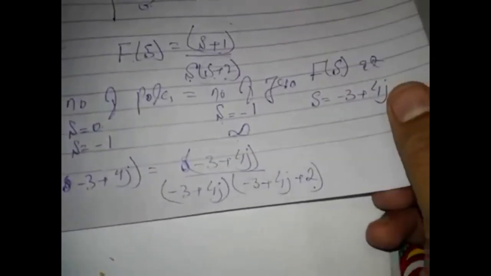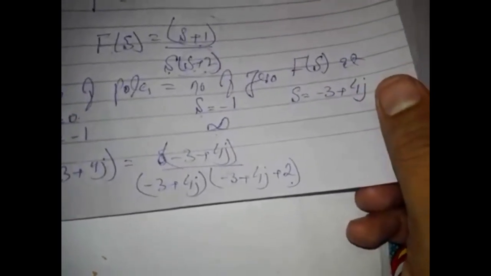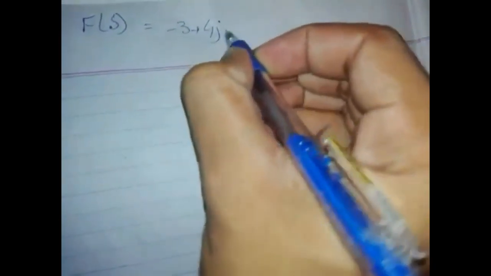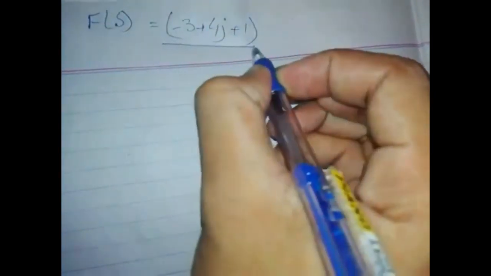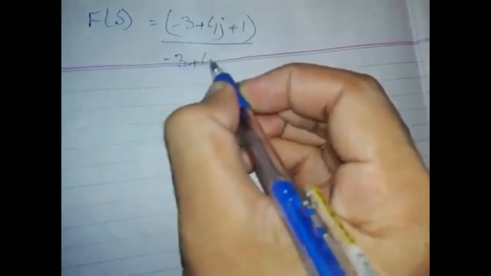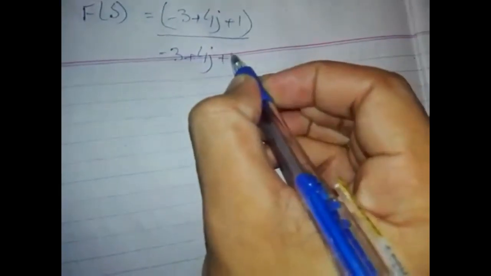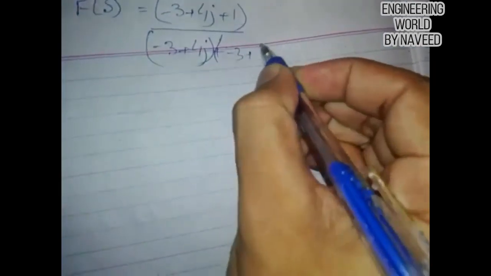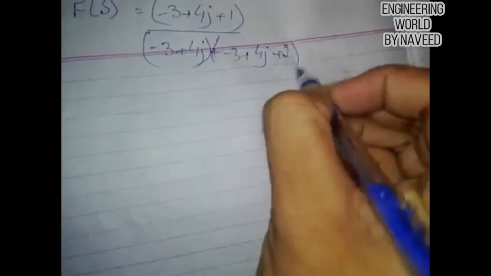So from putting these values, here it's plus 1, you get F(s) equal to minus 3 plus 4j plus 1 divided by minus 3 plus 4j into minus 3 plus 4j plus 2.